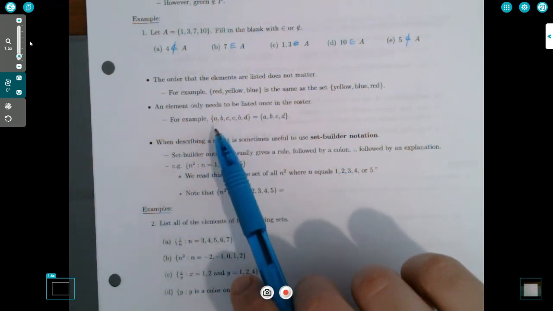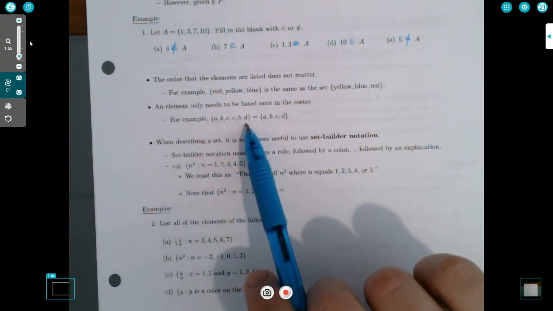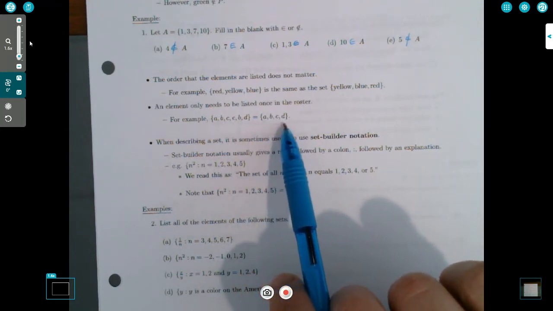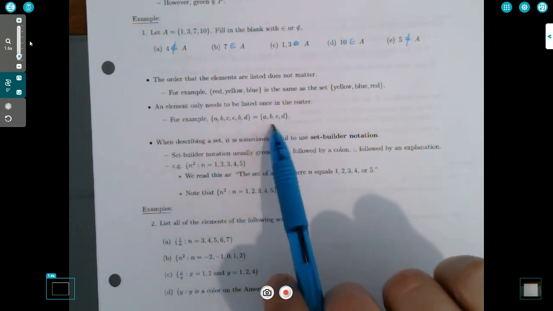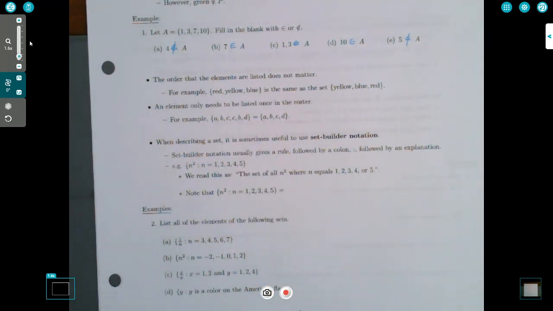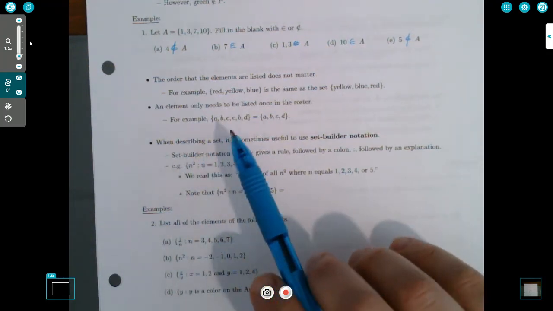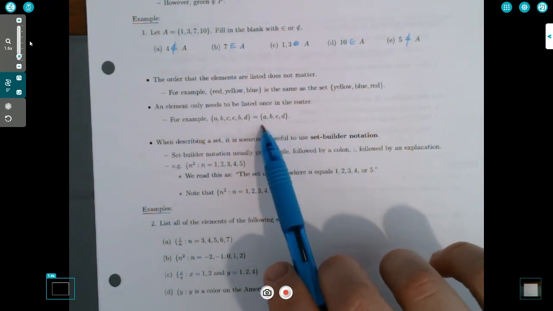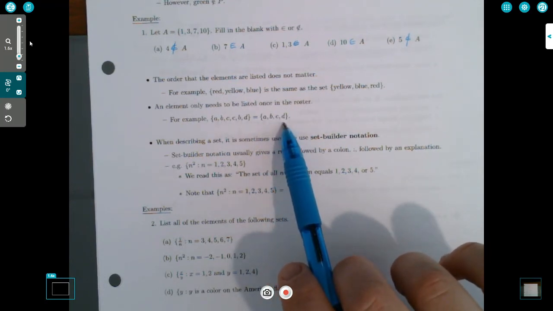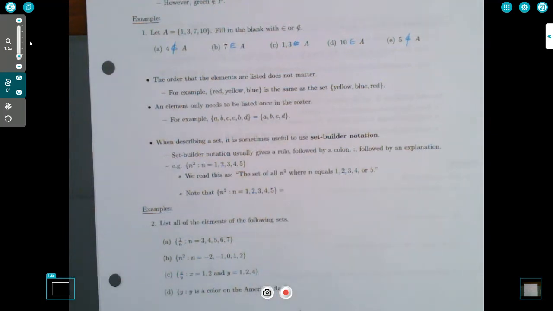So the set A, B, C, C, B, D, well, that's just the same as A, B, C, D, right? Repeating the B and repeating the C, that doesn't change the set. These two sets would be considered exactly the same thing in set theory. And in fact, usually we like to write our sets without the repeats. You could think of it like this is the simplified version, and we like the simplified version. Okay.